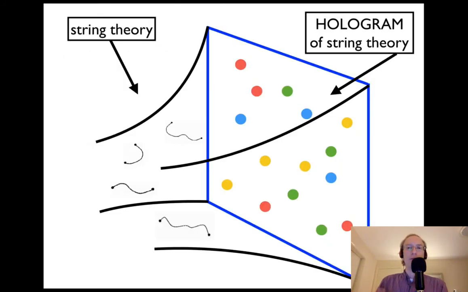And so hopefully it's clear that something similar is happening here: these quantum mechanical particles, that theory, those equations, contain all the information of the string theory in one higher dimension. So in other words, that system of particles is actually the hologram of the string theory. Hence the name holography.